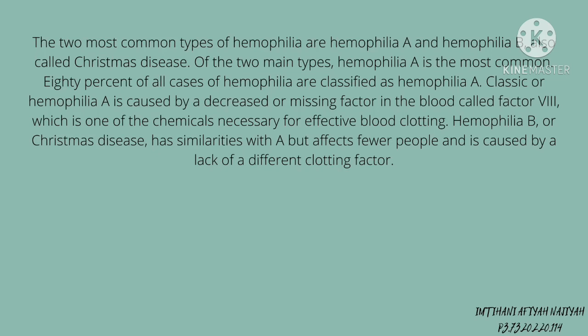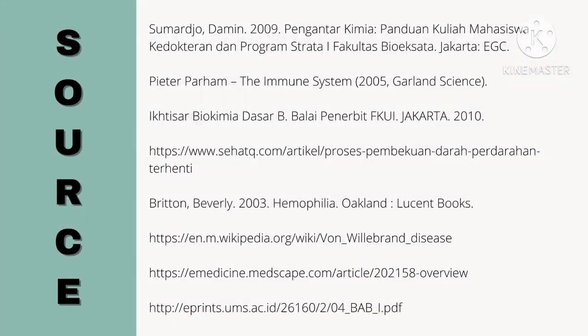Hemophilia B, or Christmas disease, has similarities with A, but affects fewer people and is caused by a lack of a different clotting factor. This is the source that was used in this video.